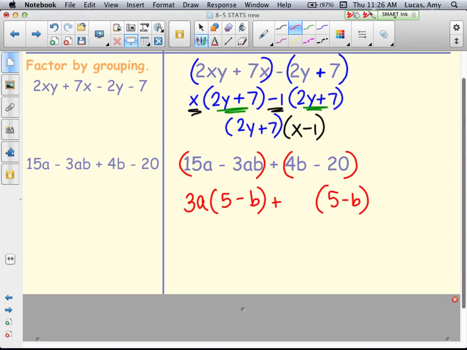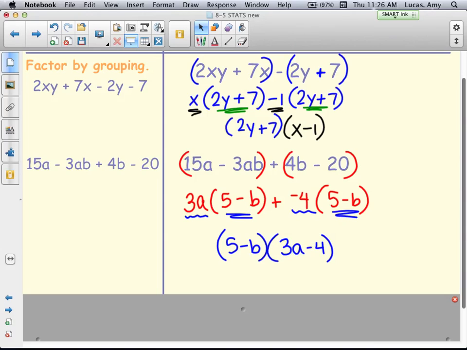So I actually need to divide by negative 4. Because if I divide by negative 4, negative 20 divided by negative 4 is 5, and 4b divided by negative 4 is negative b. So now they match. So my binomial that matches is 5 minus b, and then the other one, 3a plus negative 4, or 3a minus 4.